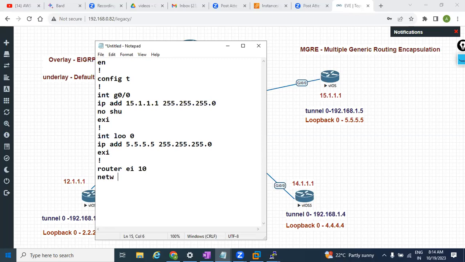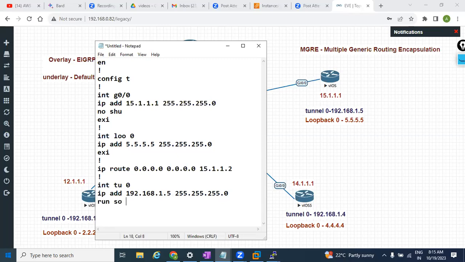This is towards the ISP. After that, interface tunnel 0, IP address would be 192.168.1.5/24.